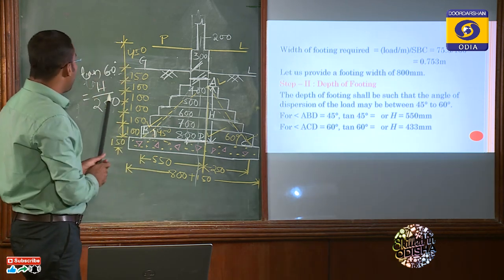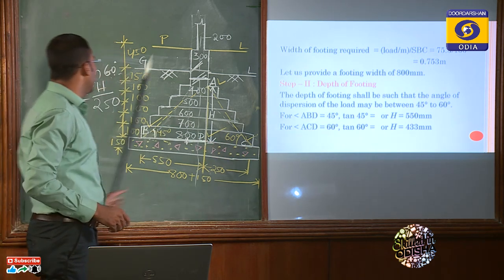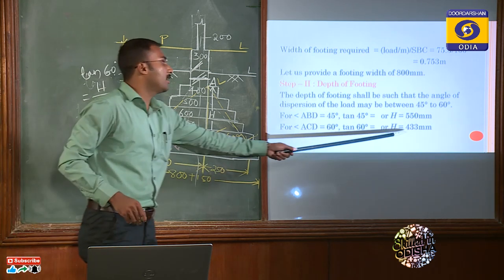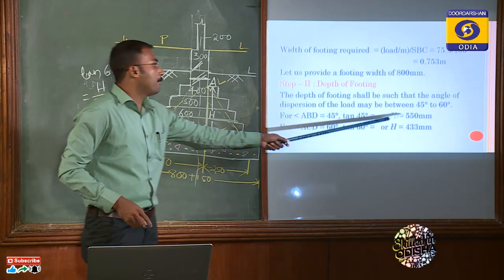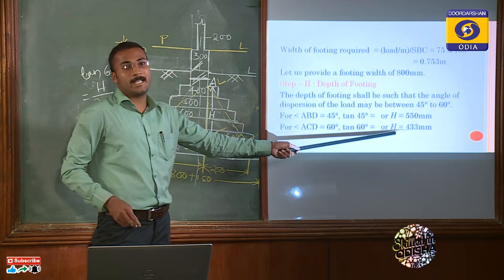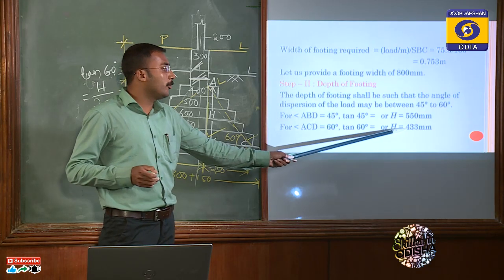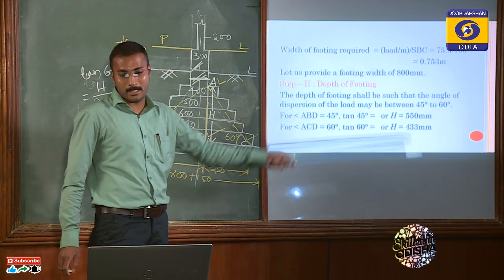So this H by 250 is coming, tan 60 degree is H by 250. So this H will be 433 millimeter. So in the first case it came 550 millimeter, in the second case it is 433 millimeter. That means we have to keep the depth of the footing in between 433 millimeter and 550 millimeter.